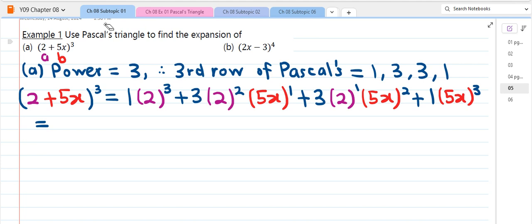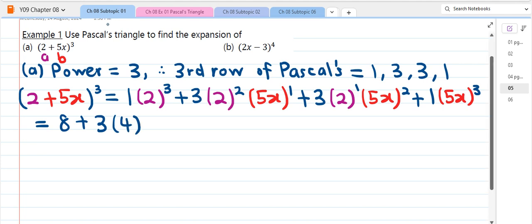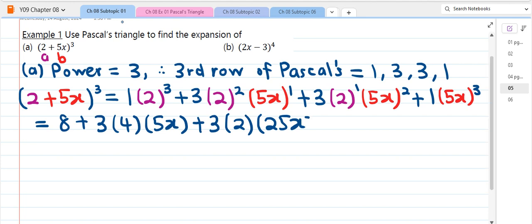So let's begin. 2 to the power of 3 is an 8. And then I will not really multiply them straight away. I will break down a 3 and then 2 squared is a 4. I put inside a bracket and 5x power 1 will have no change. So here you see it's easier to multiply. And then the next term will be 3 and then 2 to the power of 1 is 2 and 5x squared is 25x squared.